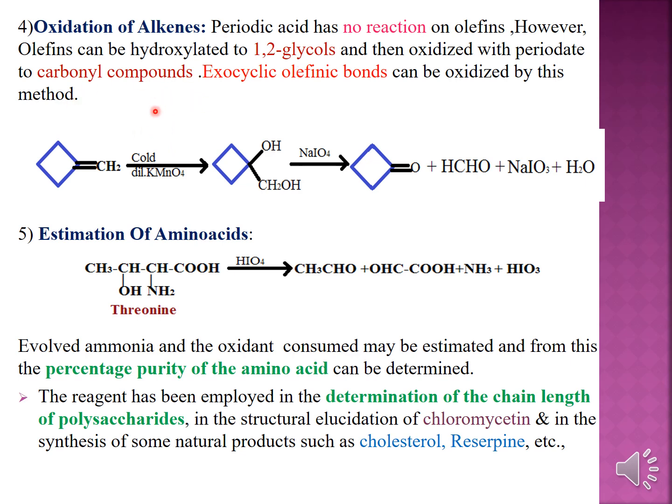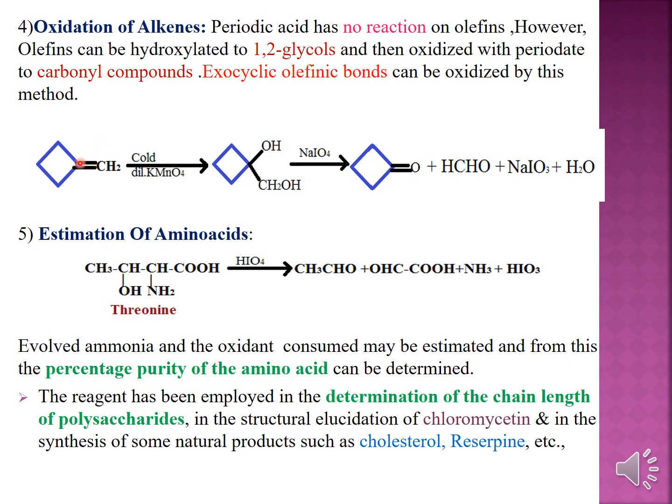And if any alkenes are present inside the ring, like dienes or cyclohexadiene, that reaction will also not show any changes with periodic acid. What you have to remember is that only the exocyclic olefinic bonds present over here will be affected.